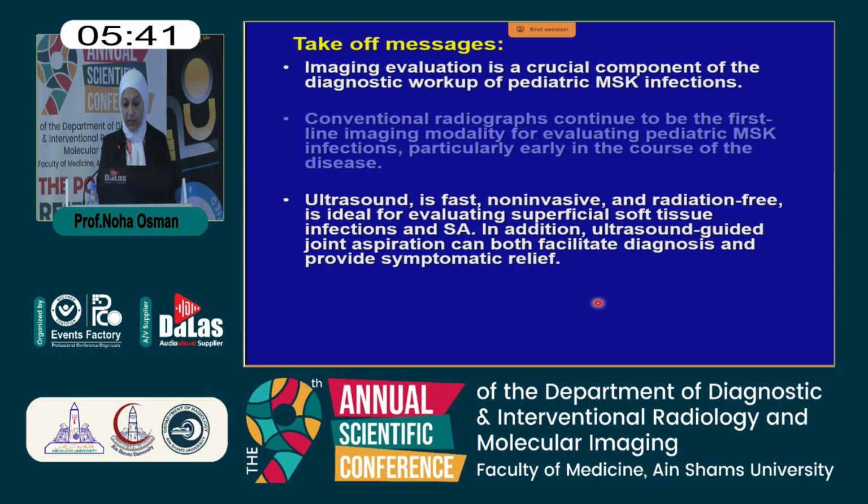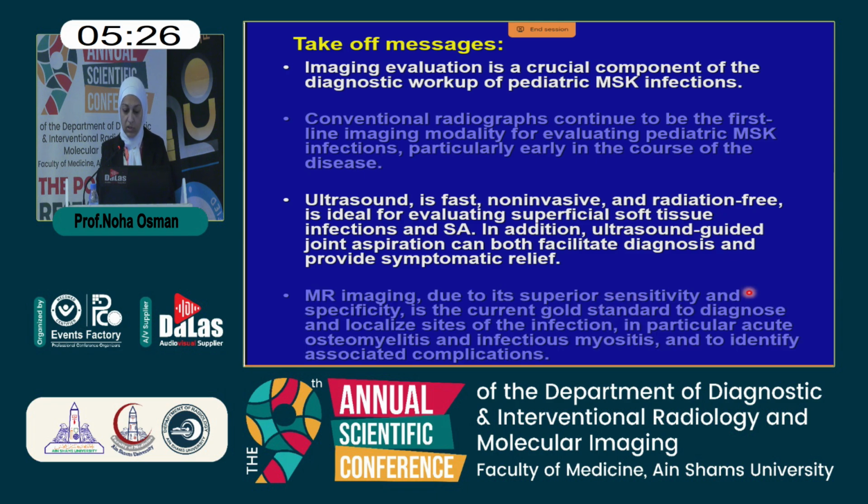Ultrasound is fast, non-invasive, and radiation-free, and is ideal for evaluating superficial soft tissue infections and septic arthritis. In addition, ultrasound-guided joint aspiration can both facilitate diagnosis and provide symptomatic relief. MR imaging, due to its superior sensitivity and specificity, is the current gold standard to diagnose and localize sites of infection, in particular acute osteomyelitis and infectious myositis, and to identify associated complications.